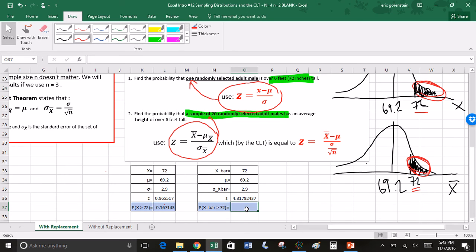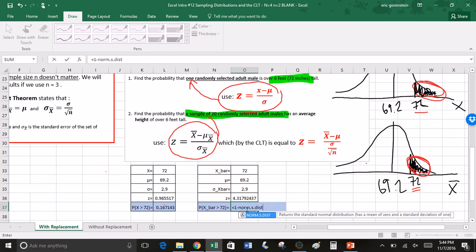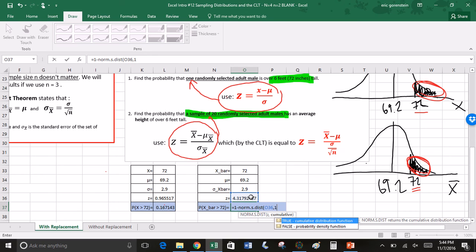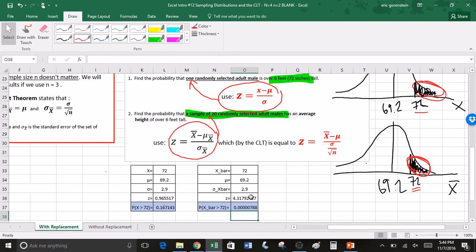But the probability that the next group of 20 has an average of 6 feet or taller than 6 feet tall? Well, let's see, that will be 1 minus norm.s.dist, and here's the z-score. So 0.0000788.